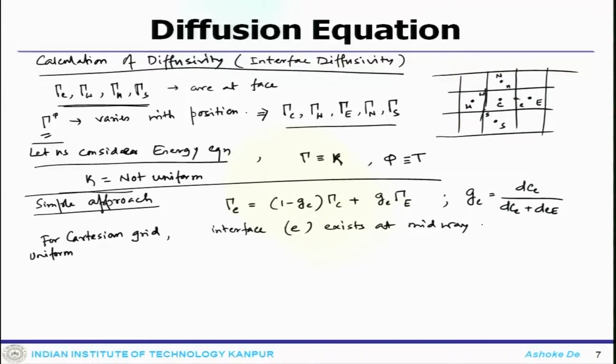In that case, the contribution of G E would be 0.5 or half, and gamma E would be computed as the arithmetic mean, essentially gamma C plus gamma E divided by 2. It is just the east face that we are talking about right now.